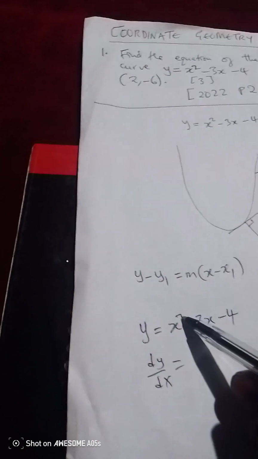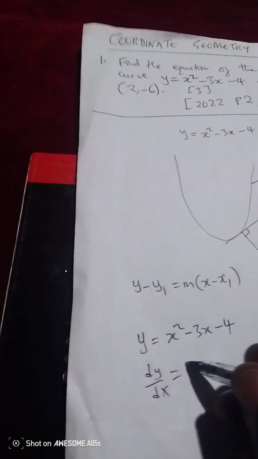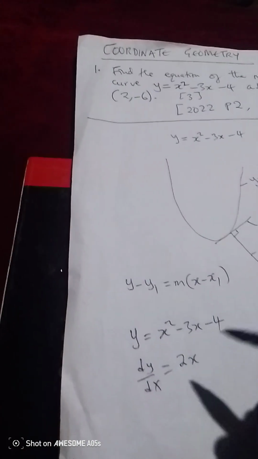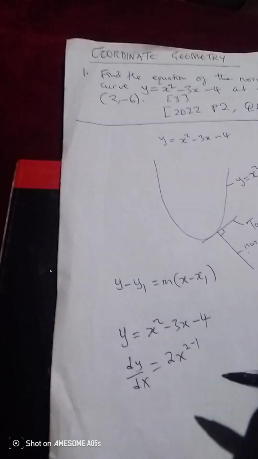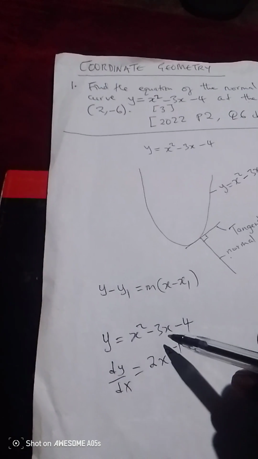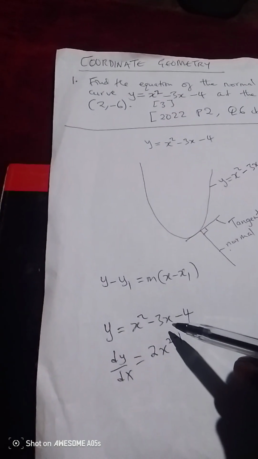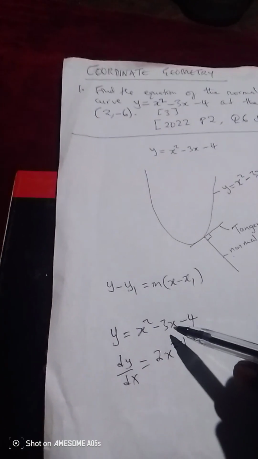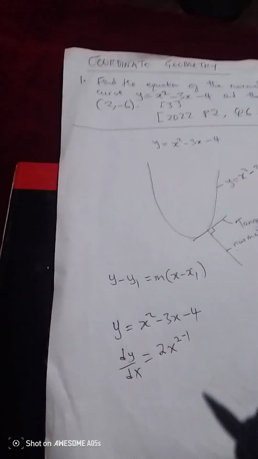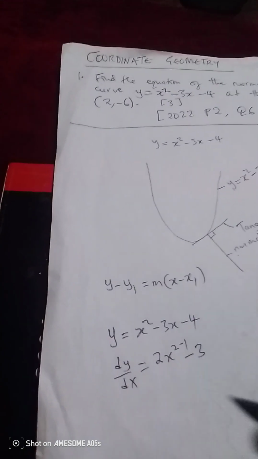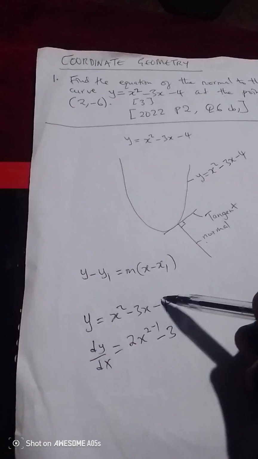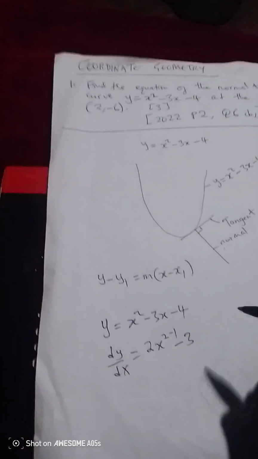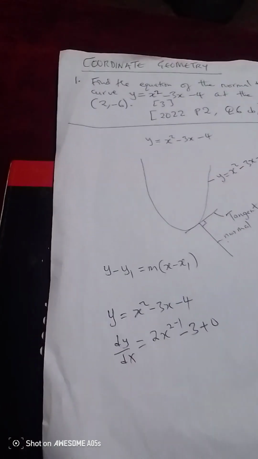We have to drop the power, which is a 2, and then to that existing power subtract 1. Then if a number is attached to the variable x, just ignore the variable x and maintain the number. And if the number is just alone, simply write a 0.